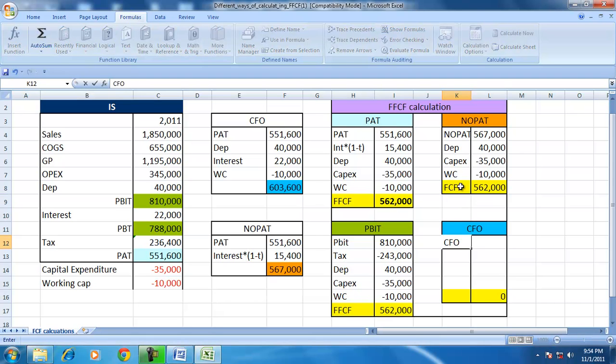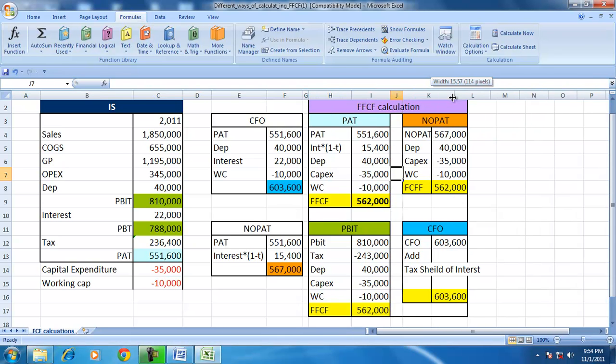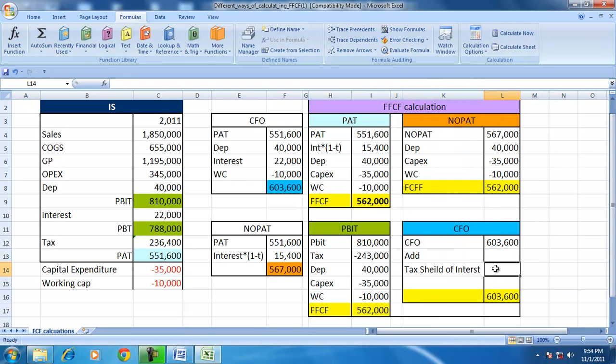Similarly, we can also find the free cash flows for the firm from CFO. The CFO we already calculated, 603,000. Add back the tax shield of interest, the tax benefits of interest, which is 30% of the interest, so interest into 0.30.